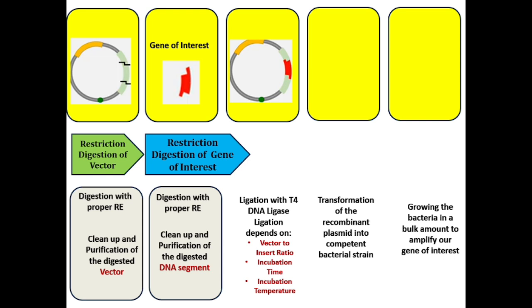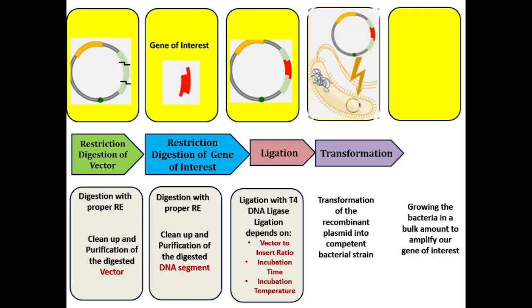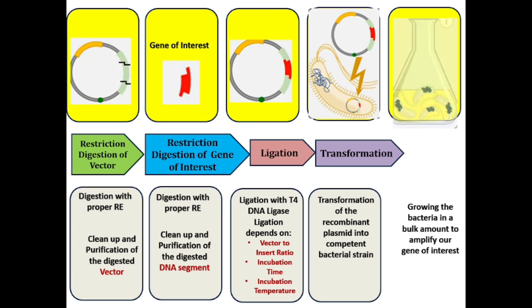Then transformation: you transfer the plasmid into the bacteria and ask the bacteria to grow and increase in number. Now the bacteria grow in culture media and the gene number increases.